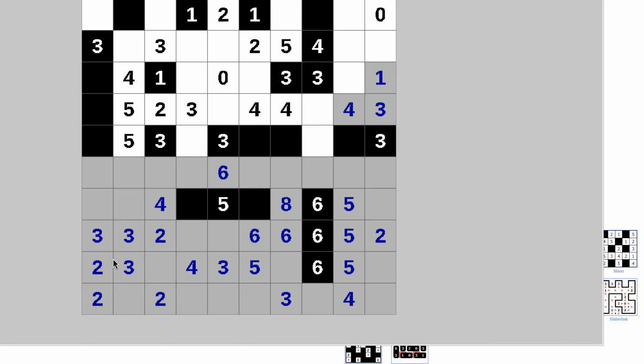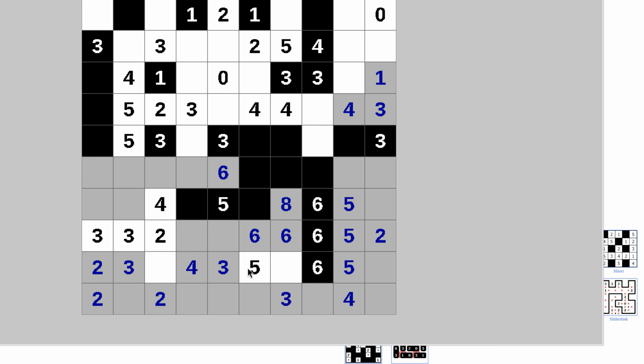That gets you to here. 2 in the corner like this, you can deduce that this is also satisfied as soon as this one is, which gives you this. This is equivalent to a 5, which gives you these. So this will get 1 more in one of these positions, which will then satisfy this 2.